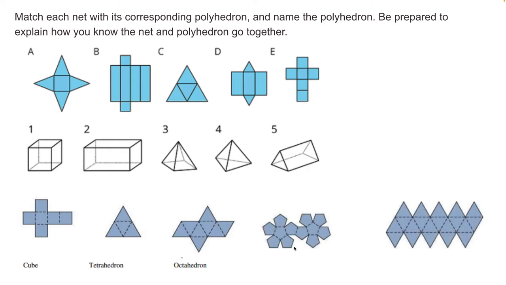And this one, dodecahedron, we have 1, 2, 3, 4, 5, and 6, and 6 faces. They are all congruent pentagonal shapes. Okay, dodecahedron, and we have 20 triangles that are congruent. So icosahedron, right? Okay.